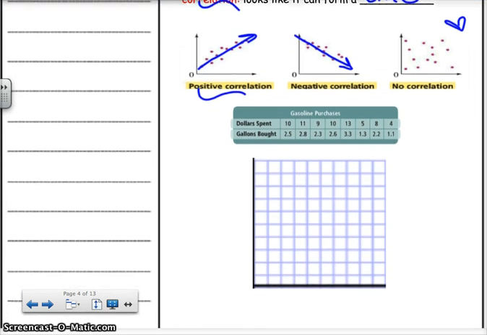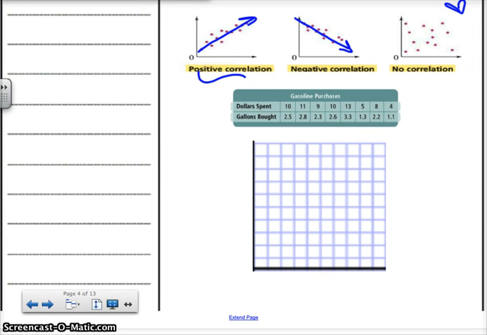All right, so we're going to create a scatter plot. Our scatter plot is the dollars that we spend and the gallons bought. So I need to figure out what goes on the bottom. The bottom is the independent variable. Dollars or the gallons? What depends on the other?